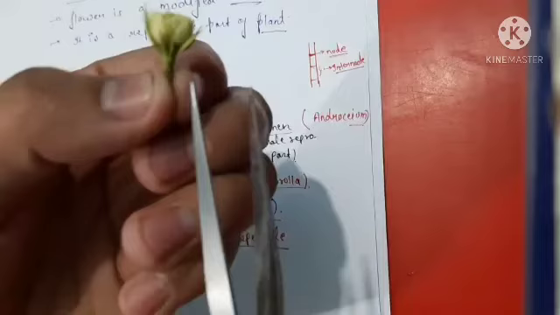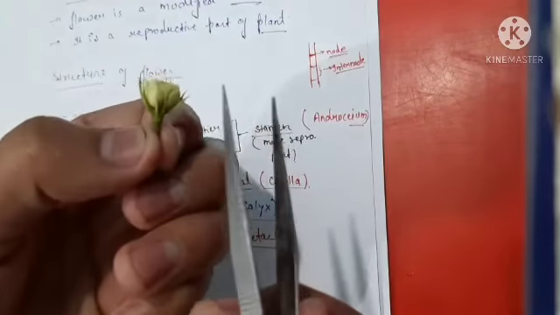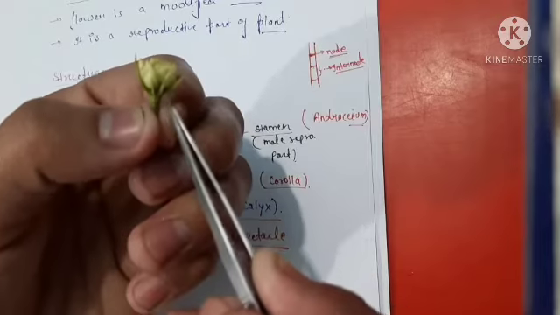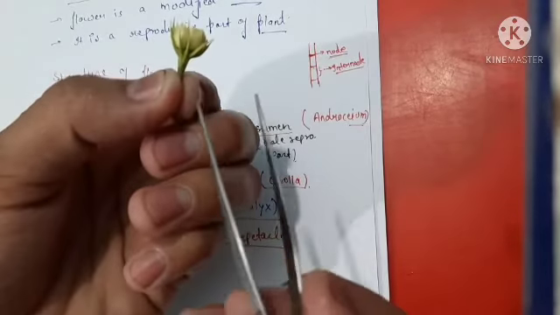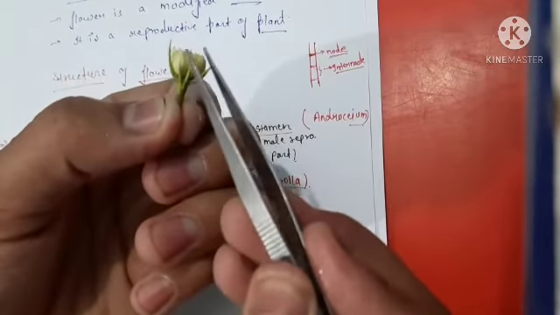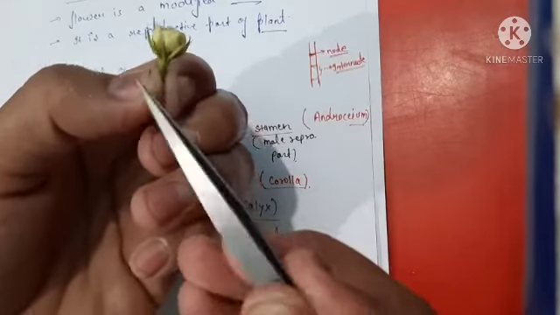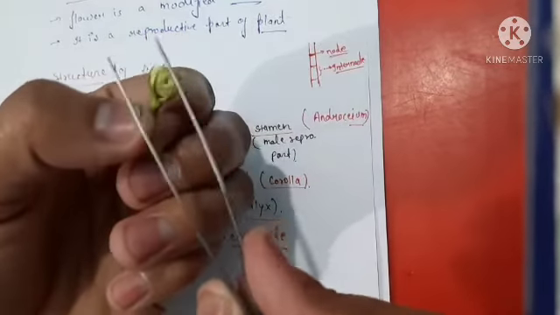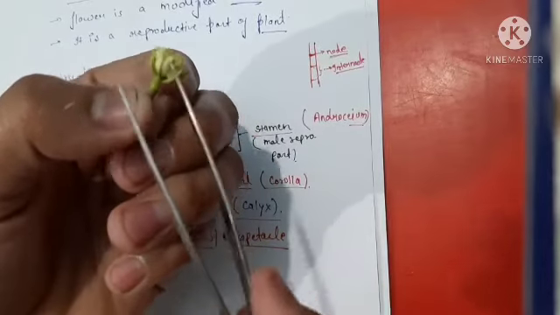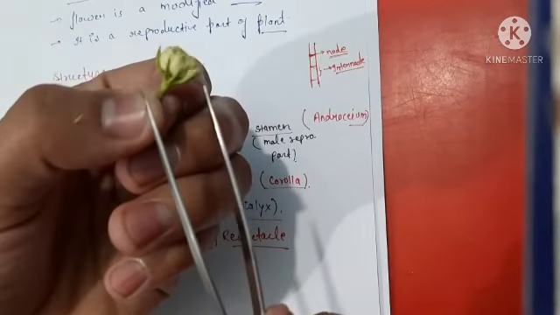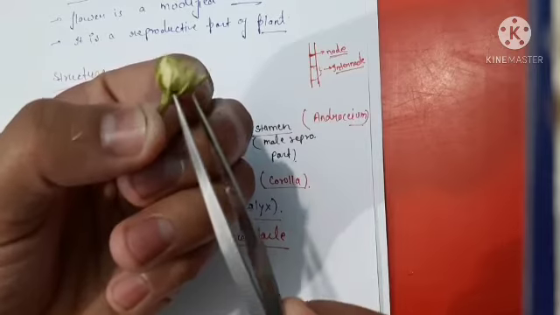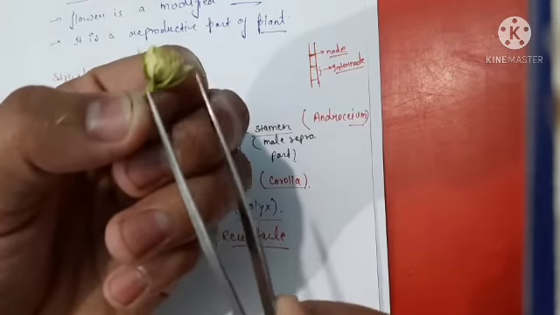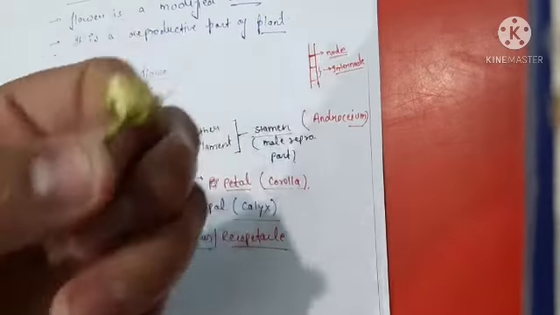This green part is called sepal. One is called sepal, and a group of sepals is called calyx. Okay.